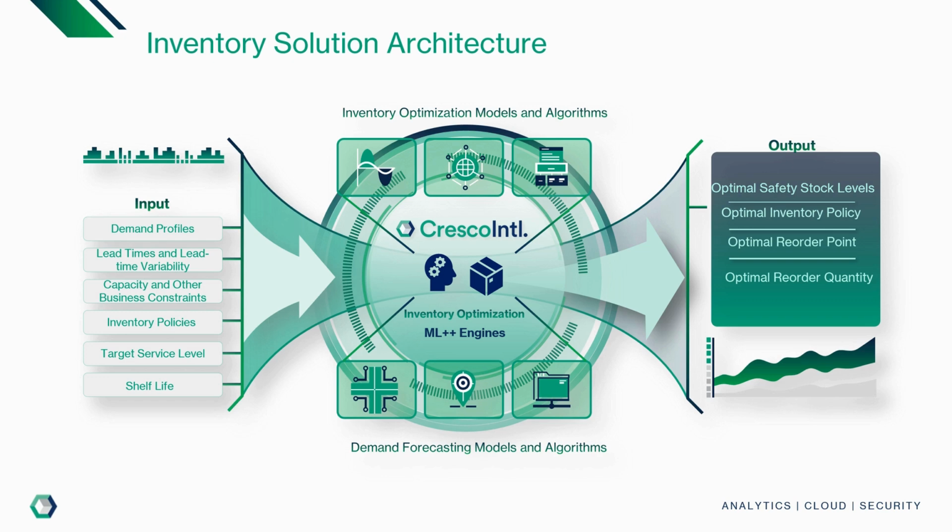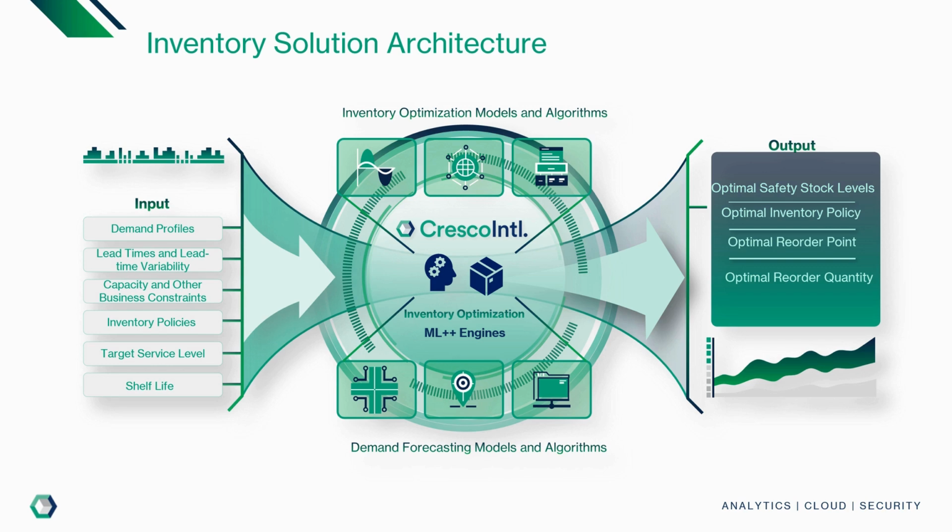Another input is any capacities or other operational constraints that need to be factored in, like limited distribution center receiving slots. The company's specific inventory policies, like target customer service, are other important inputs for this solution. And finally, product data like shelf life that impacts how inventory must be managed.